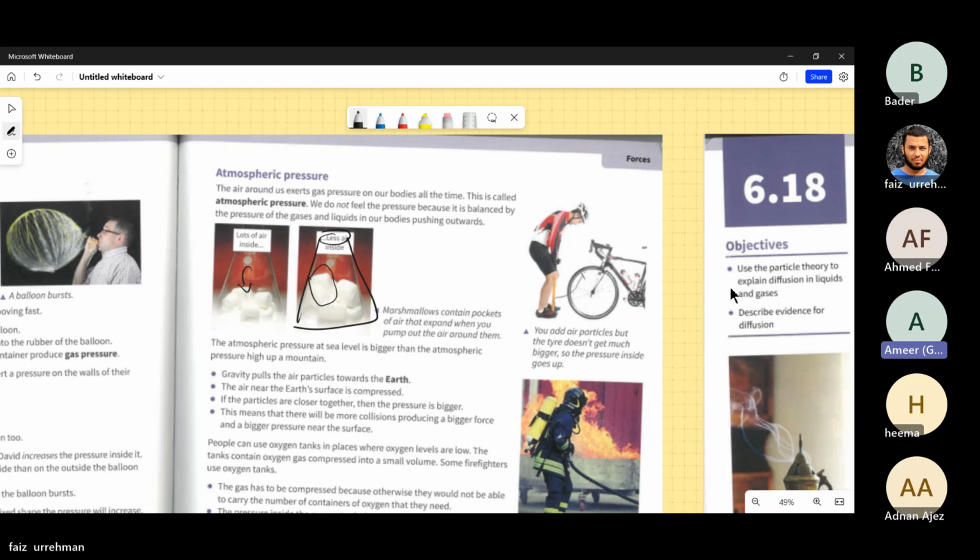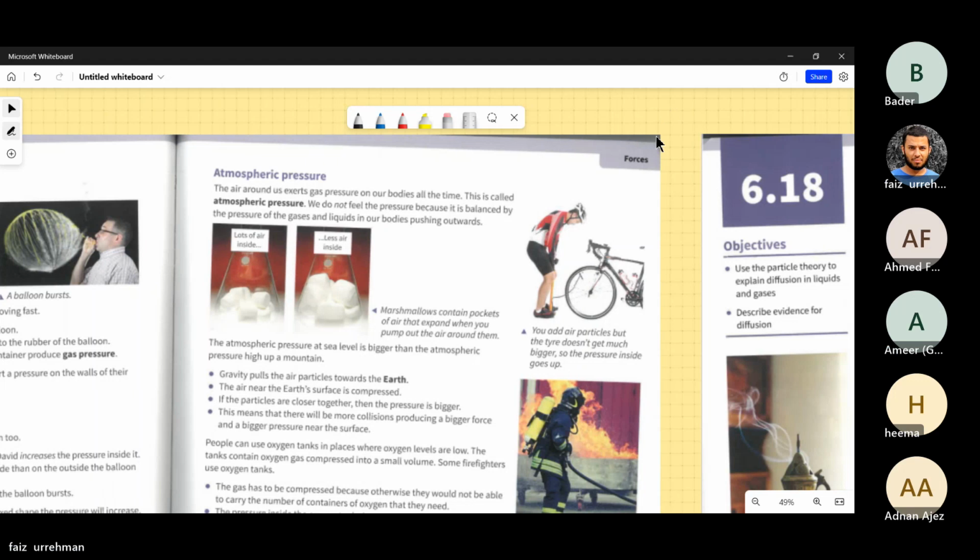Mister, can you explain the cylinder thing, or the oxygen tanks? Adnan, Badr, and Ibrahim, are you guys there? Yes, Mister. Ibrahim is there, but I'm far away from my mic.